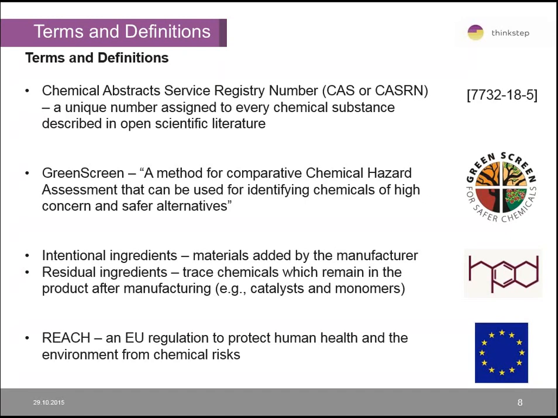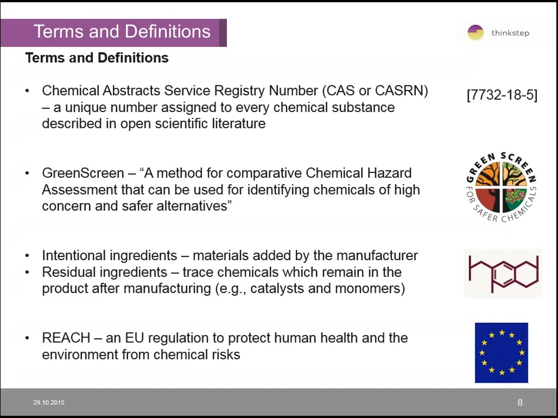This is a method which evaluates the potential chemical hazards associated, especially for identifying chemicals of concern. And the Green Screen assessment system is used in one of the pathways to achieve this credit. So I want to make sure everyone knows what that is.